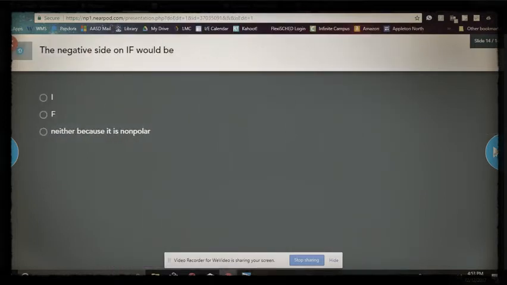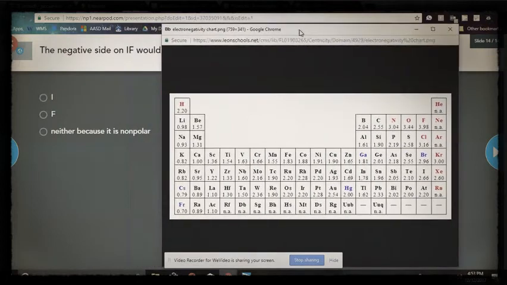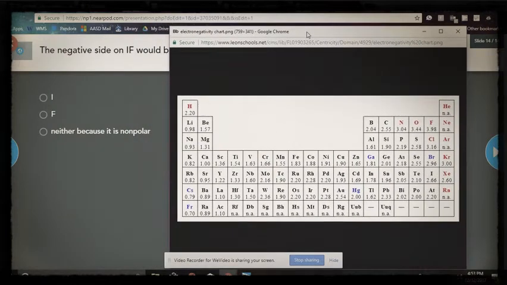Then the negative side on IF would be, well, all we have to do is look at the electronegativity of iodine and fluorine. And we know fluorine is always going to have polar bonds unless it's bonded with itself. That's the only way that fluorine would not be involved in a polar bond. So in this case, fluorine 3.98, iodine 2.66.